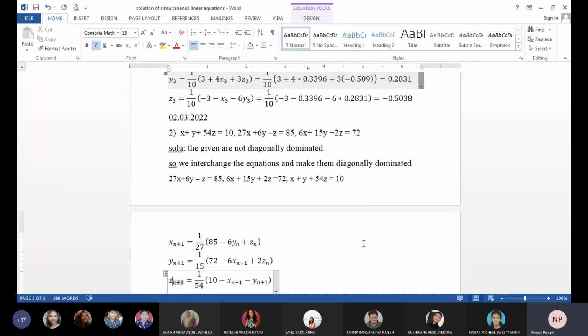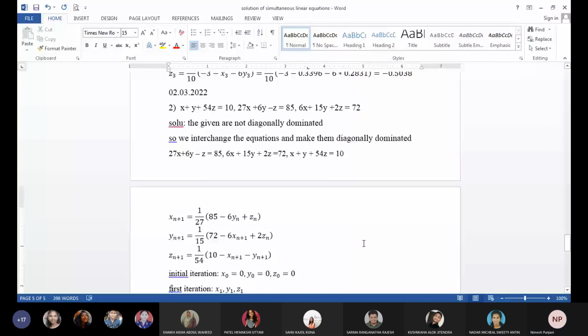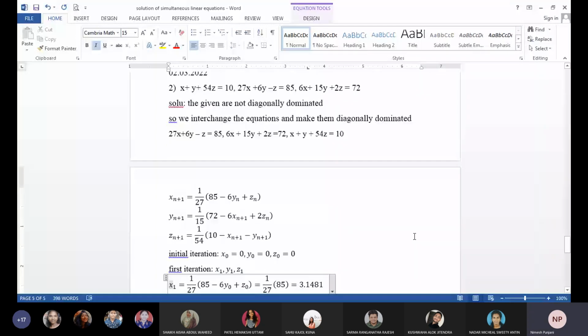You may get values of x, y, z which satisfy the system. But as per the Gauss-Seidel method, their answers will be wrong. So first step is to check the diagonal dominance of the system. If it is not diagonally dominant, interchange the equations and make it a diagonally dominant system. Then apply your iterative formula. Initial iteration is nothing but your zeroth iteration.